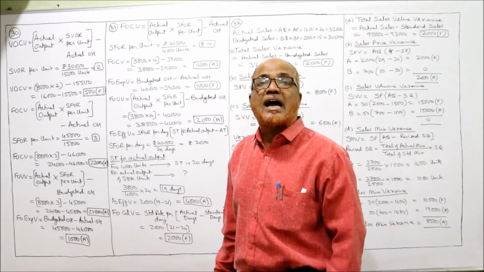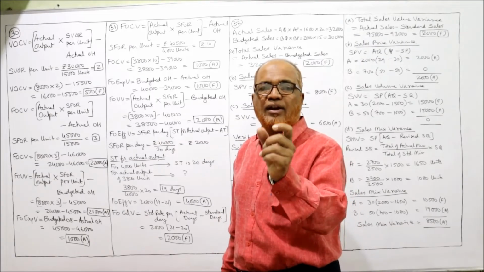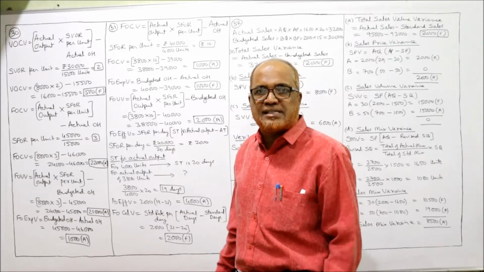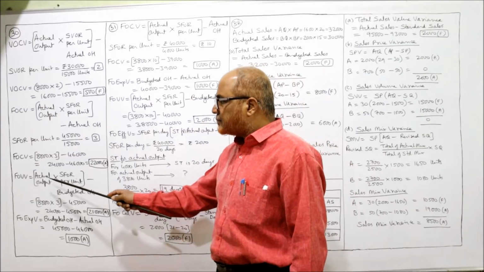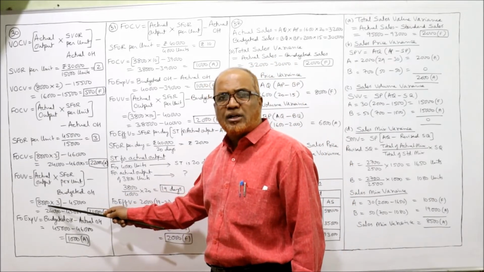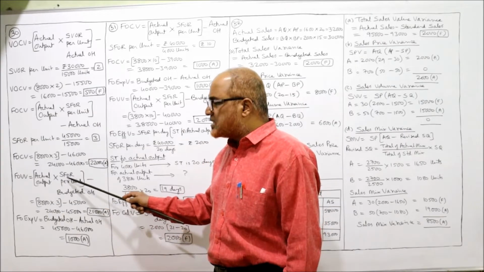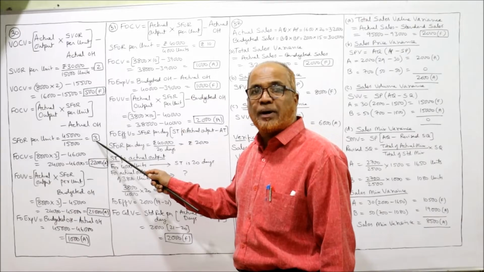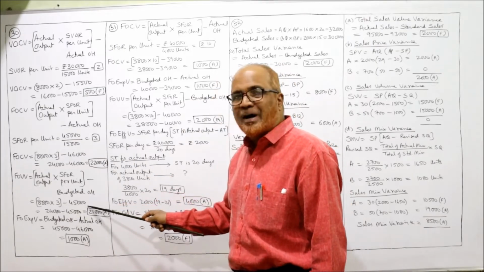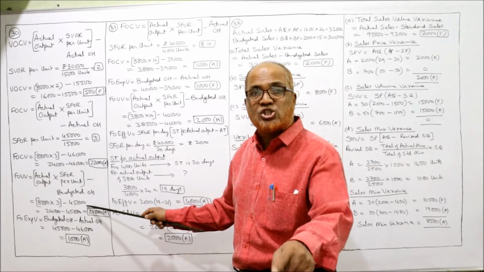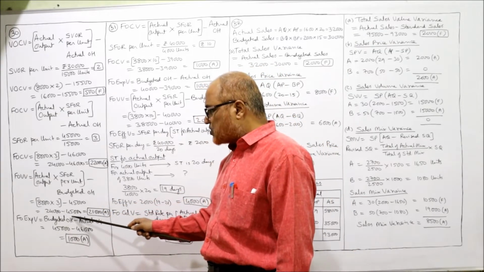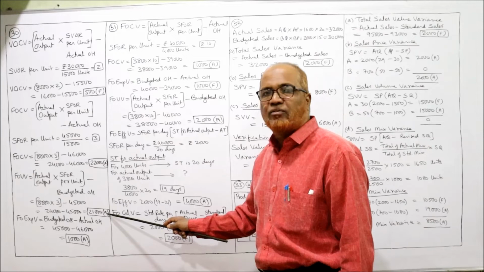Remember, when budgeted overheads is given, it means standard overheads. Both mean the same. So actual output is 8,000 units, SFOR per unit 3 rupees minus budgeted overheads, standard fixed overheads, 45,000. 8 threes are 24,000 minus 45,000, 21,000 adverse.